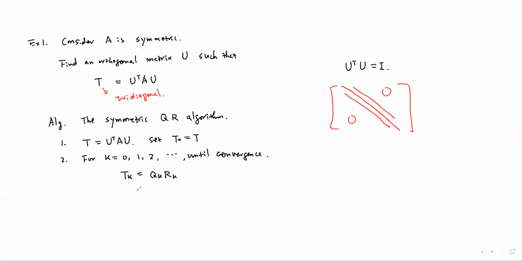And then the last step, multiply QK and RK in reverse order to form TK plus 1.